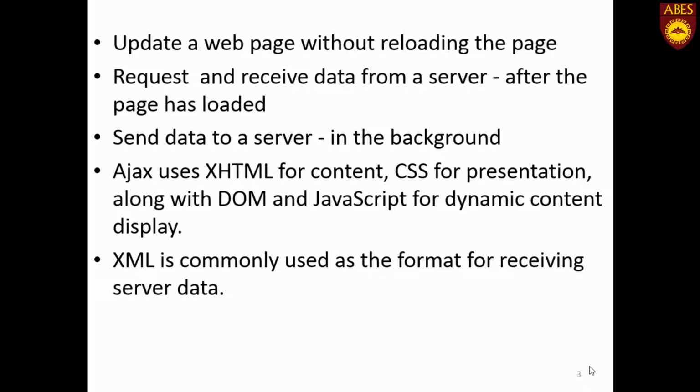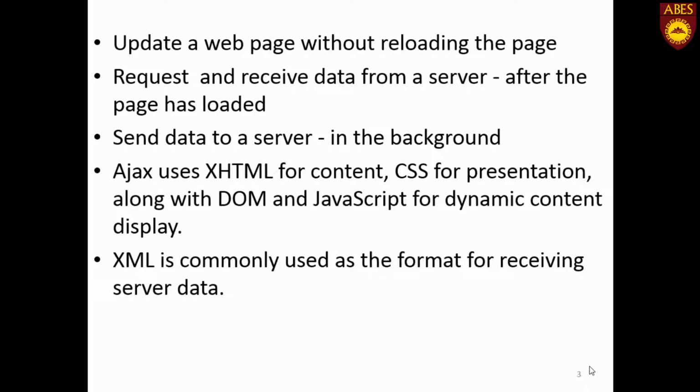It can request and receive data from the server after the page has loaded. We can send a request and receive the data of that page from the server. We can send data to the server in the background, and the user is unaware that a message has been sent from the browser to the server, and the server also sends the response.